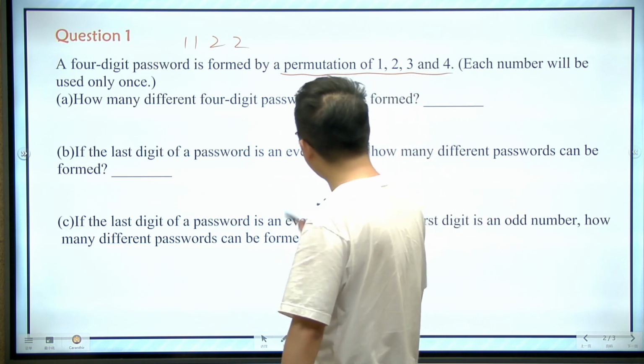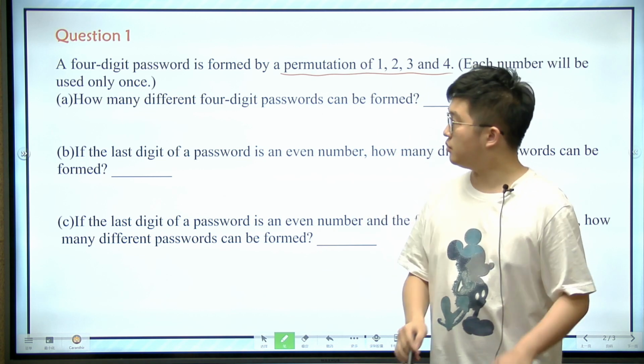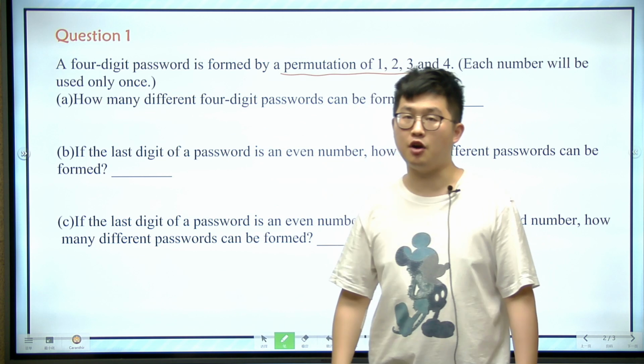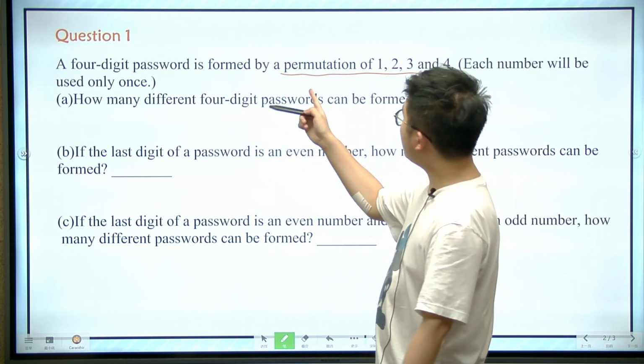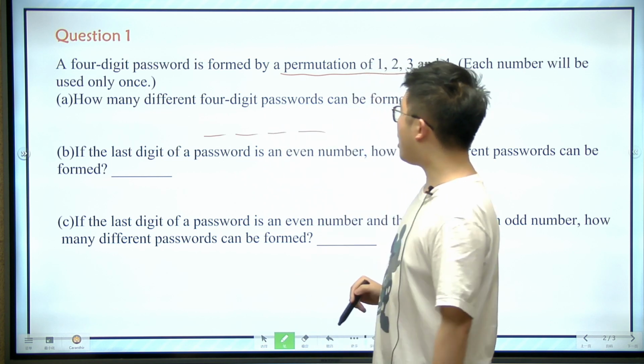The first question: how many different 4-digit passwords can be formed?